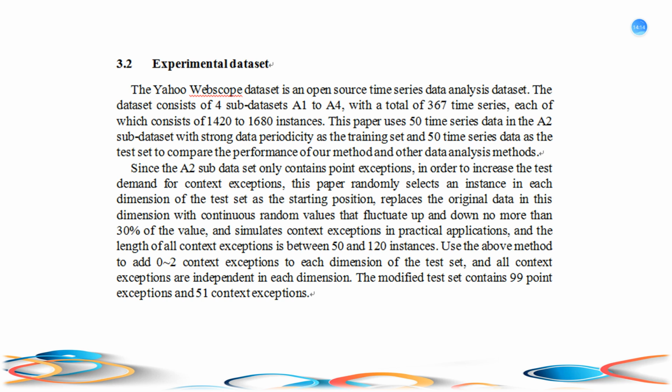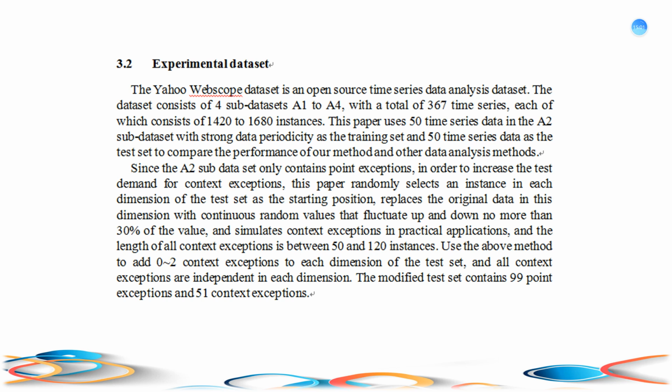Since the A2 sub-dataset only contains point exceptions, in order to increase the test demand for context exceptions, this paper randomly selects an instance in each dimension of the test set as the starting position, replaces the original data in this dimension with continuous random values that fluctuate up and down no more than 30% of the value, and simulates context exceptions in practical applications, and the length of all context exceptions is between 50 and 120 instances.